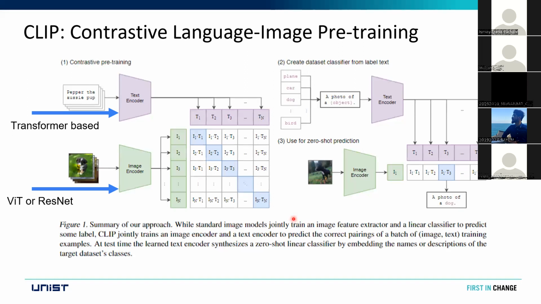When they train CLIP that way, the image encoder gets some text information. The image encoder basically learns how to associate some text with that image, or how some text is related to that particular image.